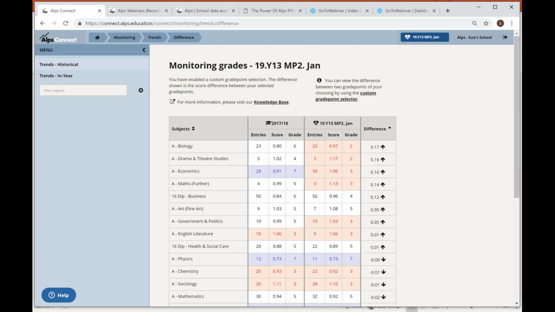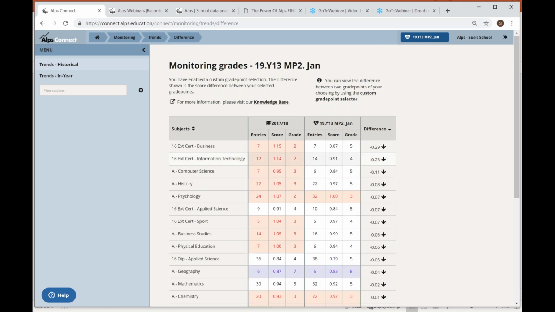If I sort the other way around, I might have similar conversations with my BTEC classroom teachers the other way around. Are you under predicting, or should we be worried? I would imagine your BTEC teachers would come back in January and say, well, that's their current working at grade, and I would expect that to increase. But you know, computer science, you might be a little bit more worried about your A levels there.